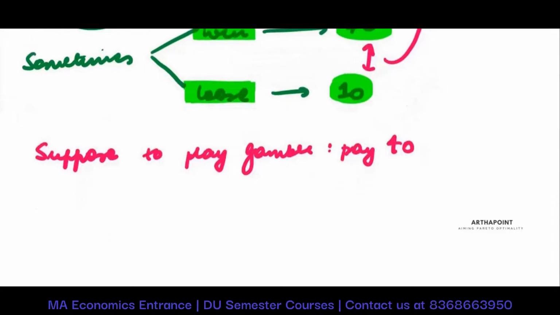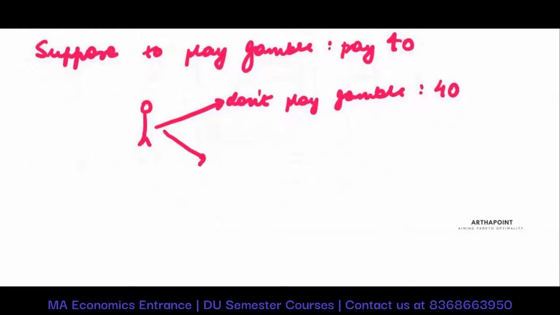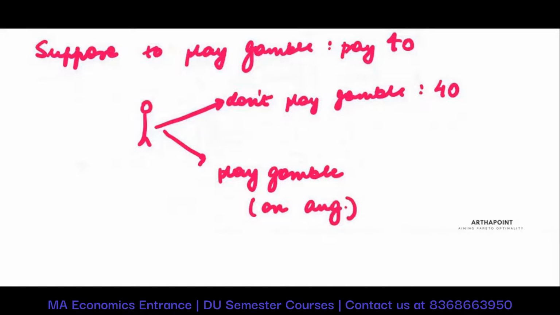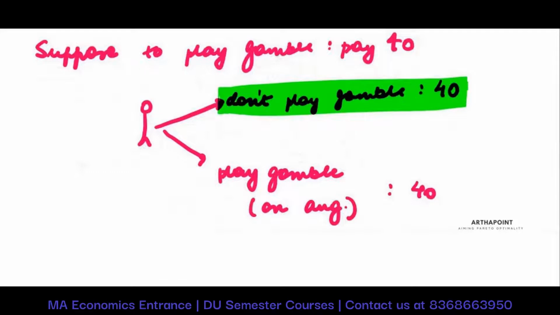So just imagine, you as an individual, when you don't play the gamble, then also you have 40 in your pocket. Here you have 40 for sure. Because if you don't play the gamble, you're not investing this 40 rupees, and the 40 rupees is intact in your pocket.